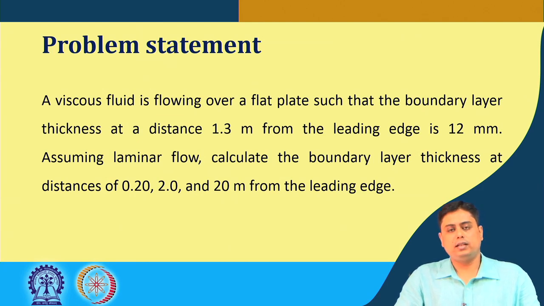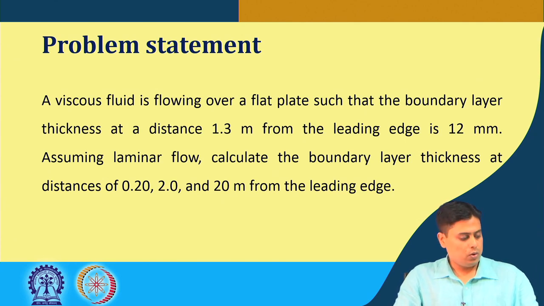At a certain distance x, the boundary layer thickness becomes delta. So this problem is based on a very fundamental concept: we have to calculate what the deltas are at different x's, from x equals 0 to the downstream of the flow. So, how do we solve this problem?